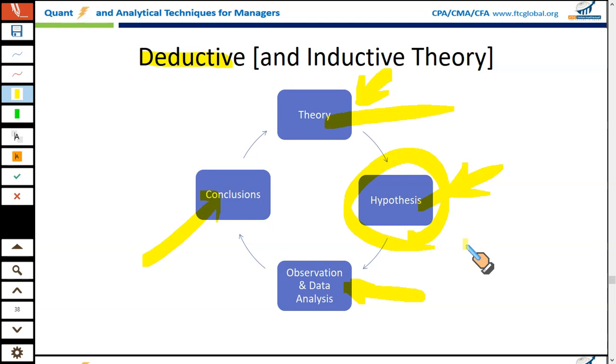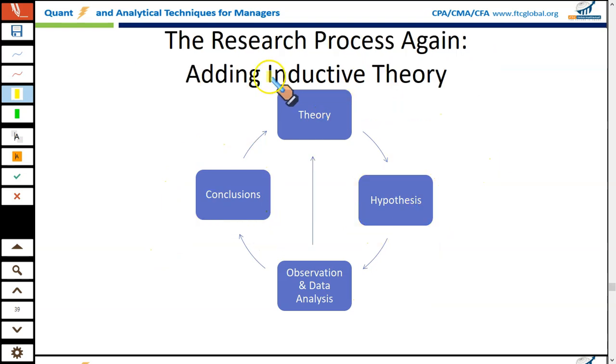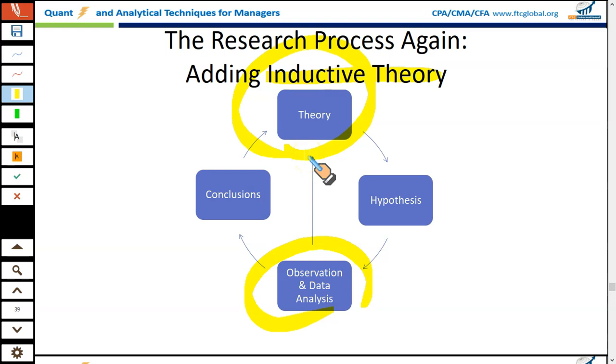So this flowchart shows how deductive reasoning starts with the theory, uses a specific hypothesis and data, and reaches a conclusion. Whereas inductive reasoning works in reverse. It starts from observation and data to build a general, broader theory.